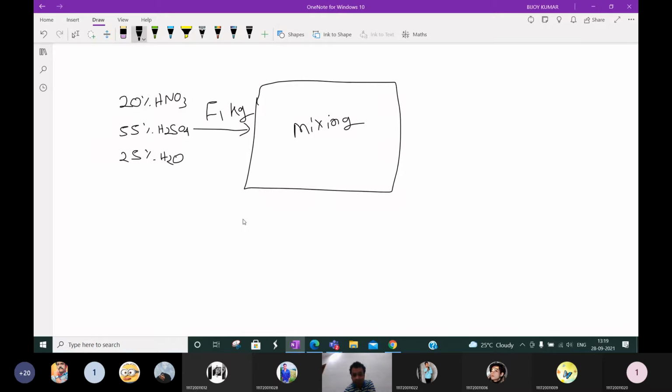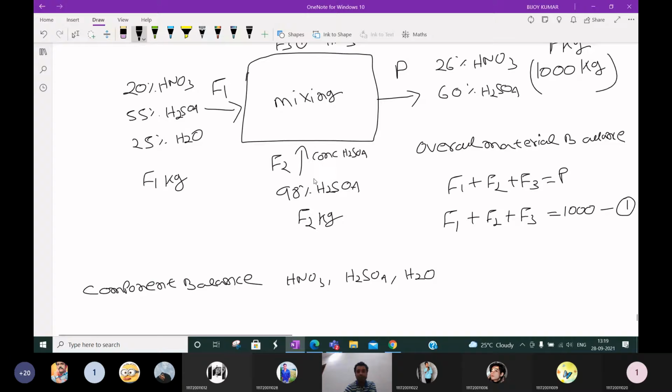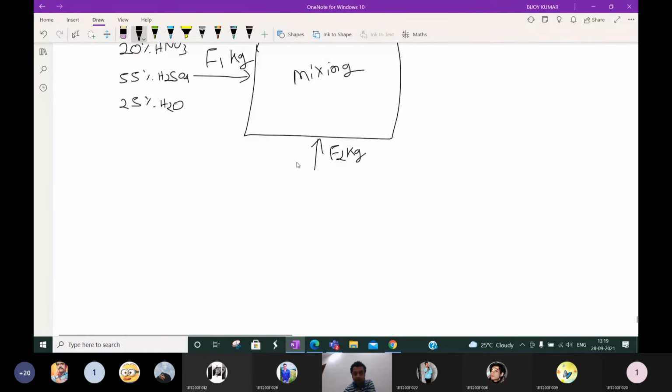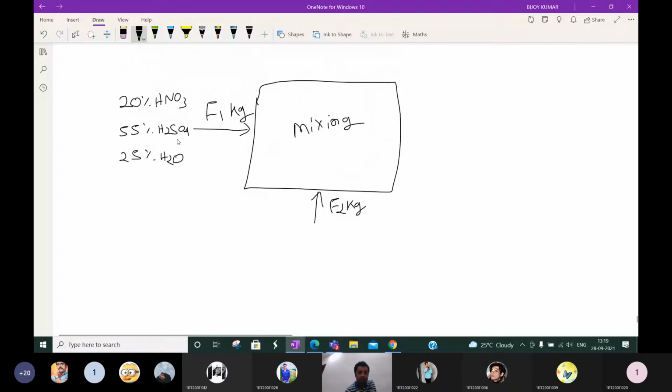Next, focus on F2. F2 kg is the feed stream two. This is given as concentrated H2SO4, in which 98% is H2SO4. This is the waste acid.